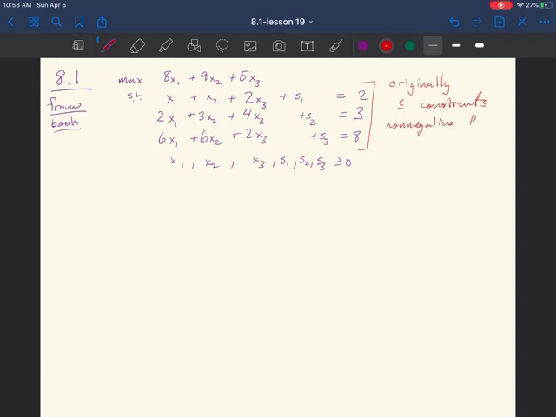And you'll see that they also have non-negative right-hand sides. You might be wondering why that's significant, and the reason is that this structure yields an initial basic feasible solution.